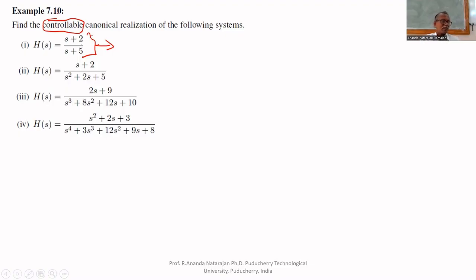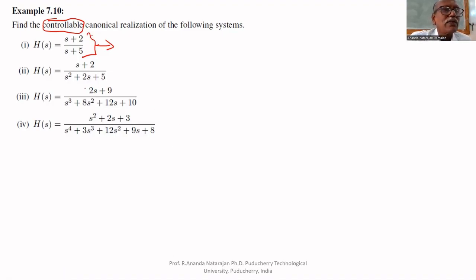Suppose it is controllable but not observable, that is also difficult. If you observe, then only you can control. Observable means measurable. If you measure a variable, then only you can control it. So all observable variables need not be controllable variables. All controllable variables need not be observable variables. Both may be there, both may not be there.